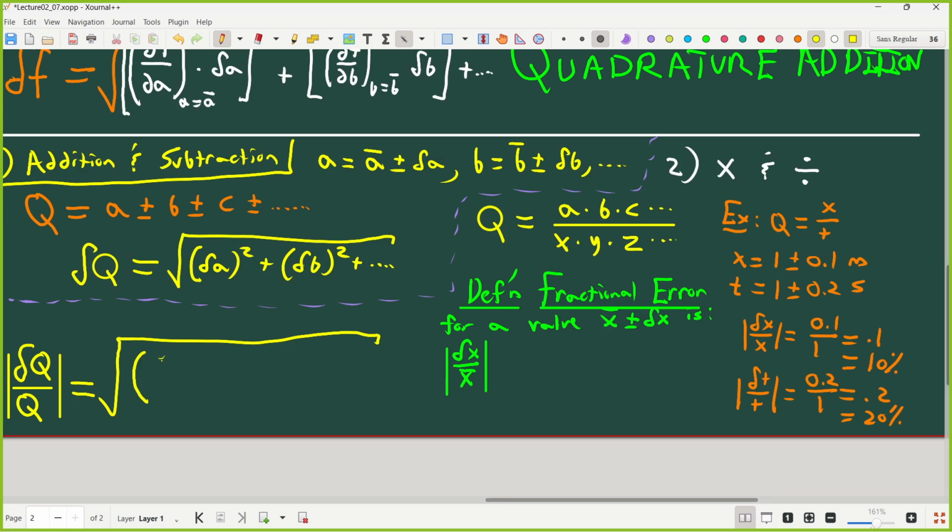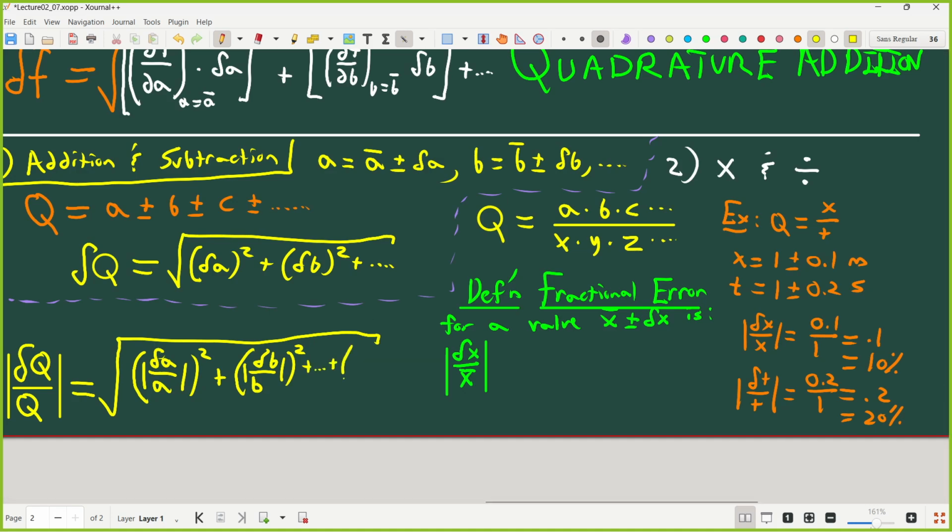So this will be dA over A, absolute value squared, plus the error of B over the value of B, absolute value squared. And you also, in this, get the denominator as well. So we get dx over x squared, and so on and so forth.